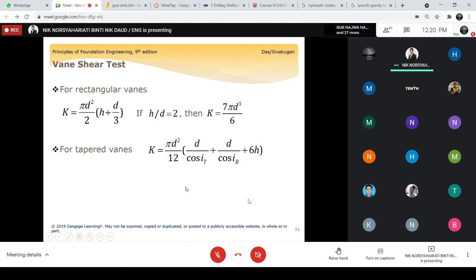Right, then for the vanes, we have two types: the rectangular vane and the tapered vane. You can use these referred equations, and again you need to find out those parameters before, which is the dimensions of your vanes, before you can use this equation.